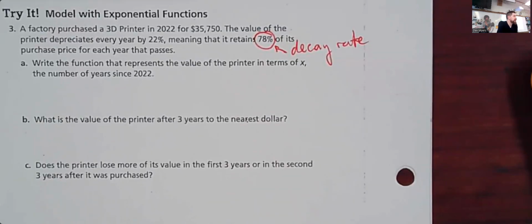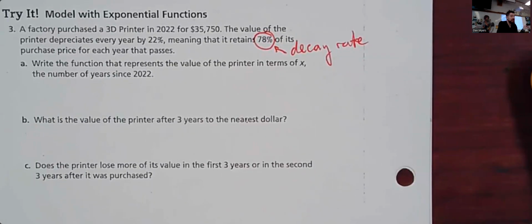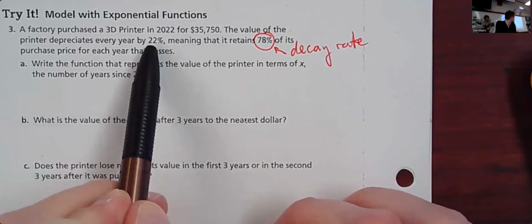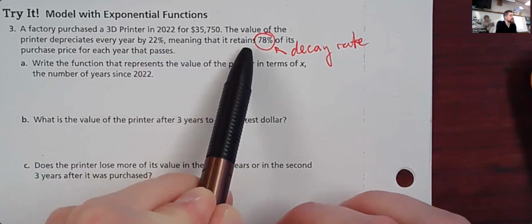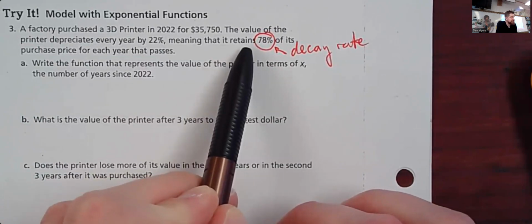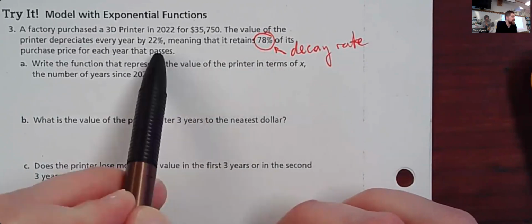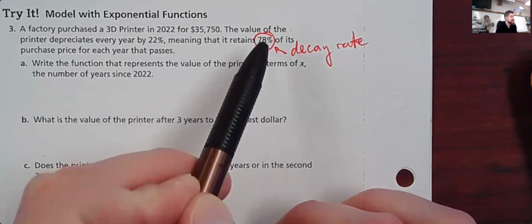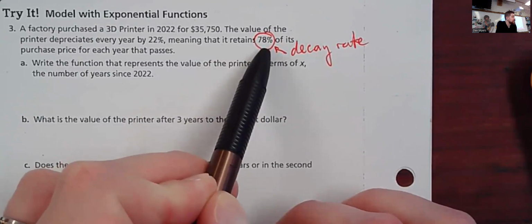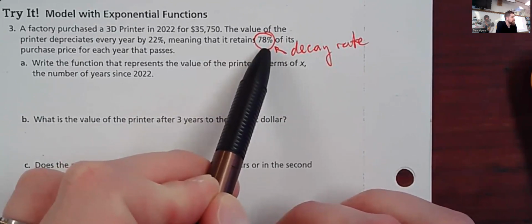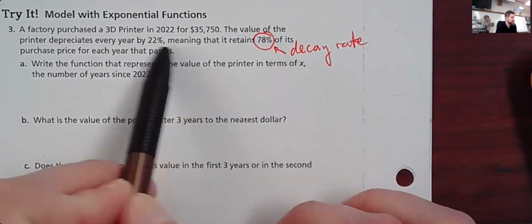Kind of like the growth rate wasn't 0.013, it was 1.013. If something loses 22%, it still retains 78% of the initial value. So if something costs $10,000 and it lost 22%, after 1 year, it's still going to be worth $7,800. So you would multiply that 10,000 by 0.78 as opposed to 0.22.